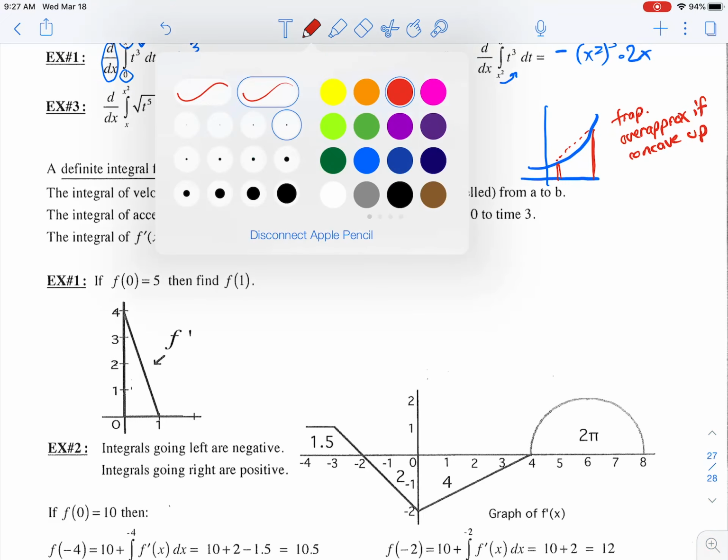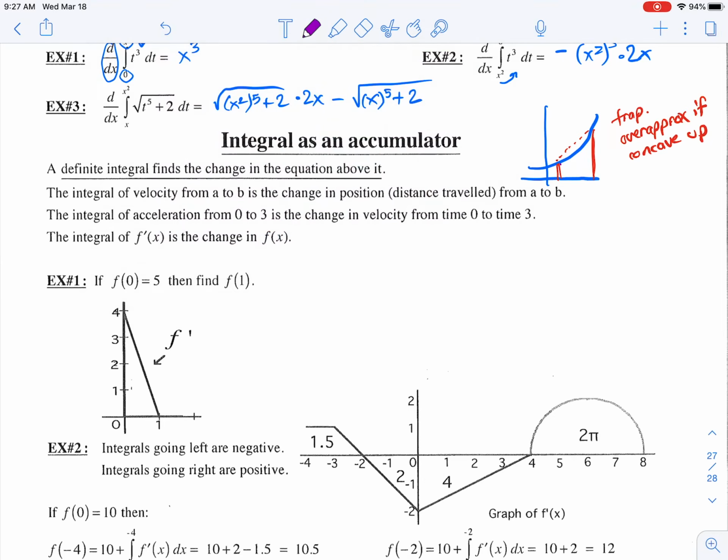And then obviously reverse if we were concave down. For this same picture, if we did a left rectangular approximation, that's going to be an under approximation because f of x is increasing.